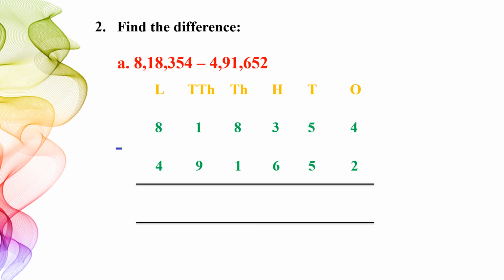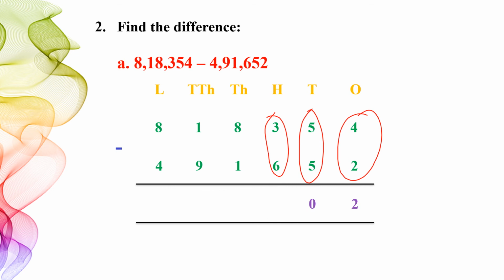Therefore, in ones period we have 4 minus 2 which is equal to 2. In tens period we have 5 minus 5 which is equal to 0. In hundreds period we have 3 minus 6. It is not possible to subtract 6 from 3. Therefore, we need to get help from the next period, that is, the thousands period.